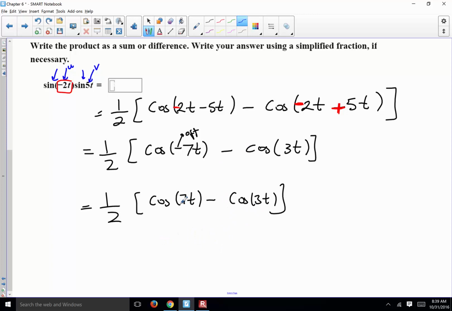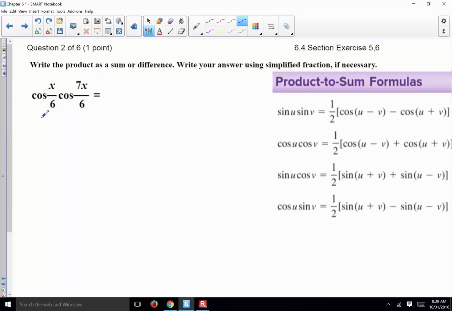You can subtract them if they are the same inside, like you have 5 of them, take away 1 of them, you have 4 cosine 7t. But if they are different inside, they are unlike, they won't combine. So this is our final answer. Okay? So I will try that in the answer. And meanwhile, why don't you guys work on this one?